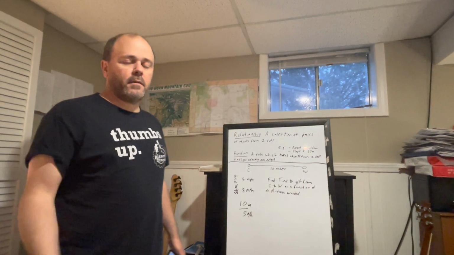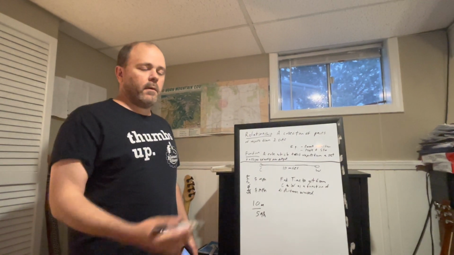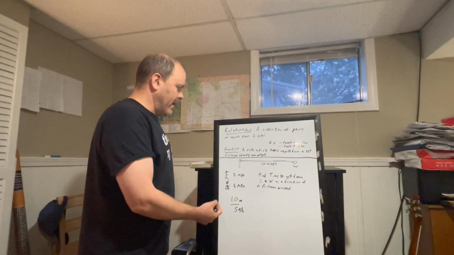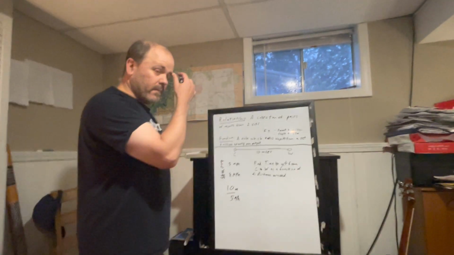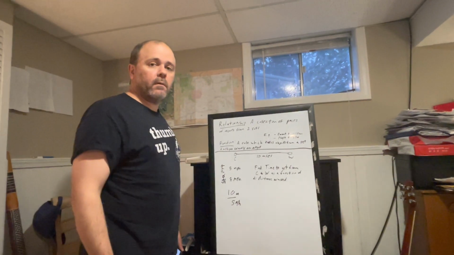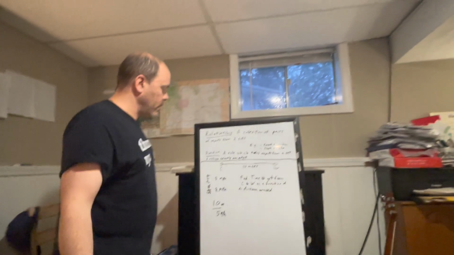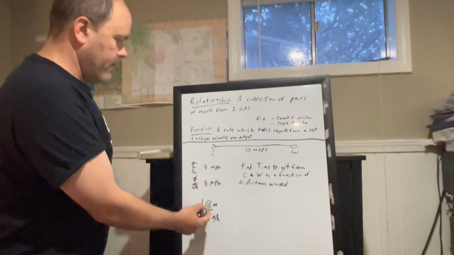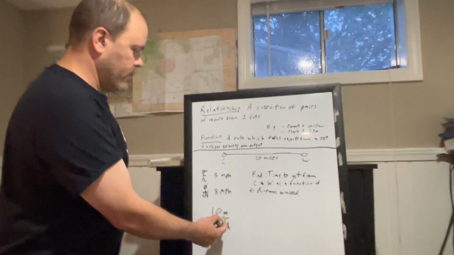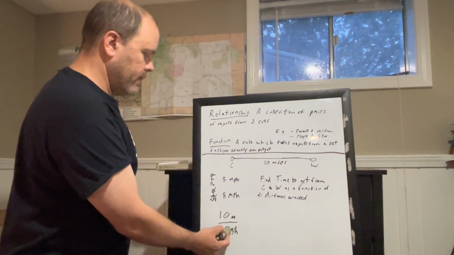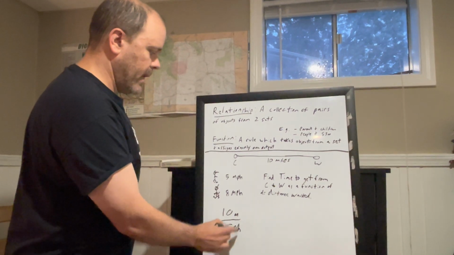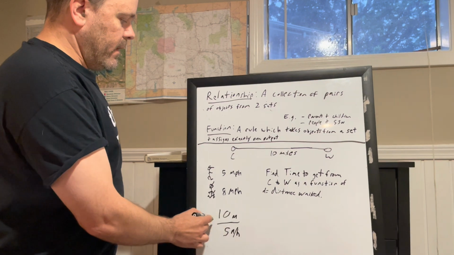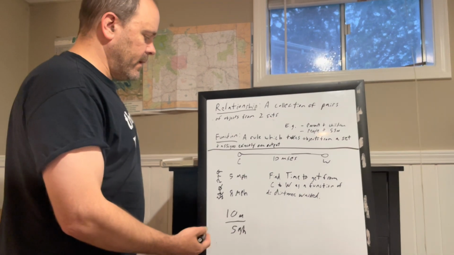Okay, so first I want to talk about how we're going to think about this. First we want to talk about how we figure out the time taken to travel a distance at a given speed. So if you have 10 miles as a distance and you're traveling at 5 miles per hour, the way to think of it is basically common sense.